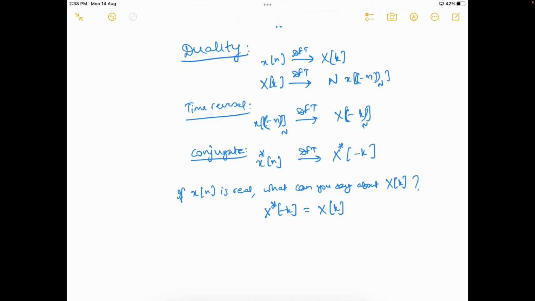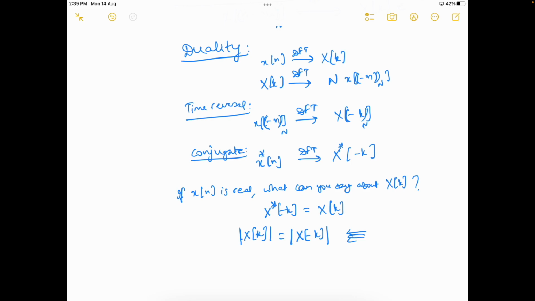right? So what can you say about the mod X[k], the absolute value of X[k]? This is equal to the absolute value of X[-k], because the absolute value of X* is same as the absolute value of X. Now this is very important.